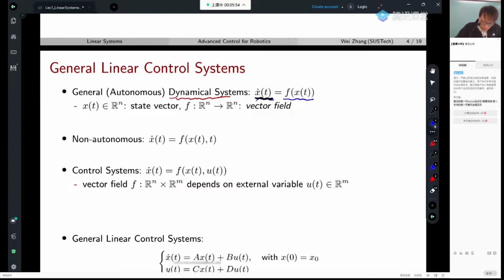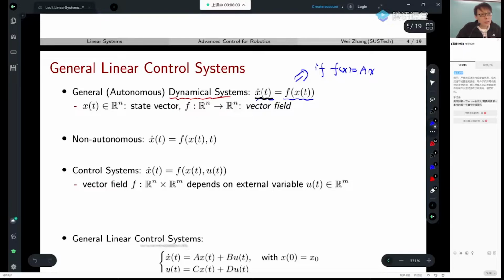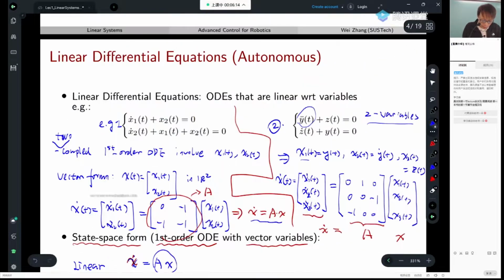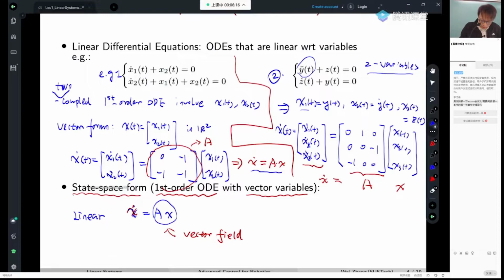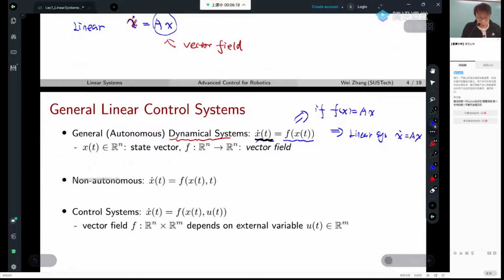I want to make sure that if f of x equals Ax, if this vector field is a linear function of x, then this becomes a linear system, which is x dot equal to Ax. The two examples we gave you before are all about linear systems, and that's a special case of this general dynamical system.